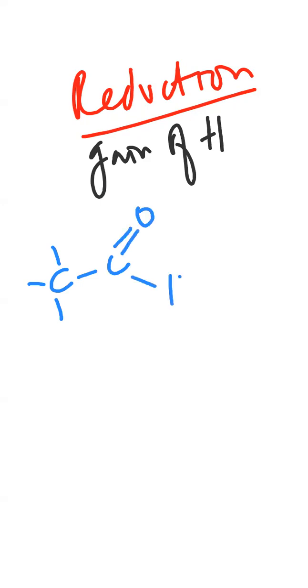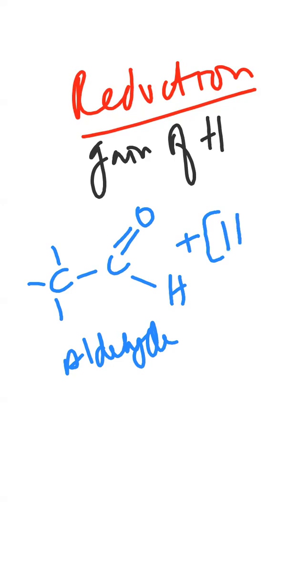This is aldehyde. Plus hydrogen gas means aldehyde is going to gain hydrogen, means aldehyde is going to be reduced. So this is the example of reduction reaction. Reduction of aldehyde will give you, let's see what we are getting.